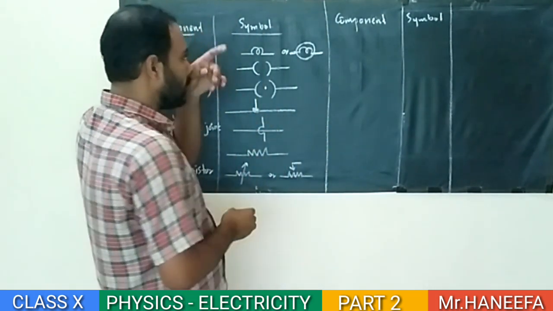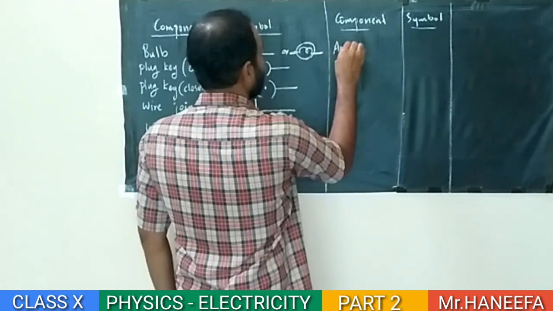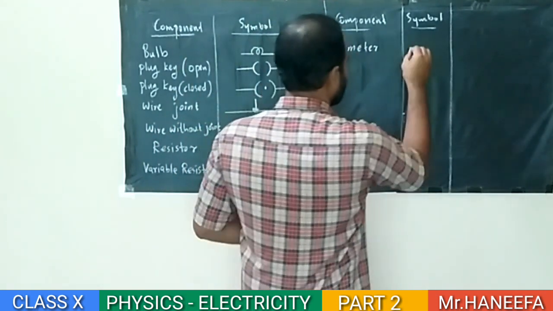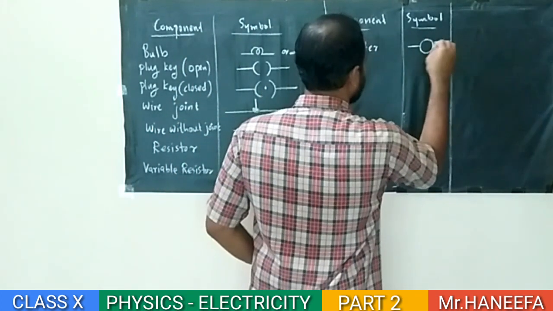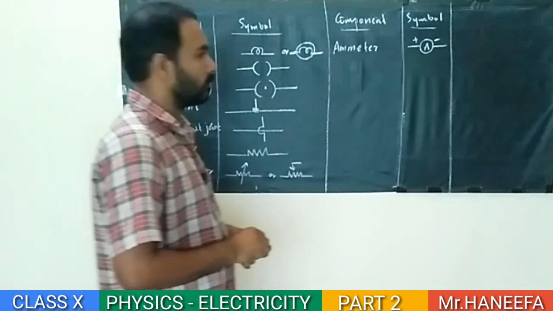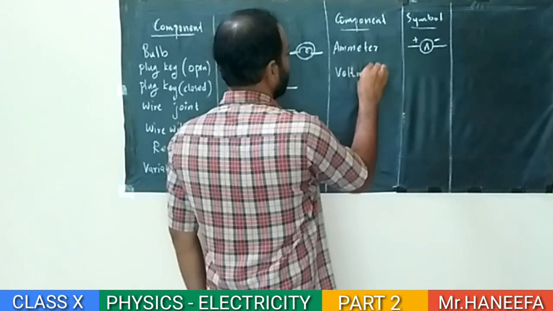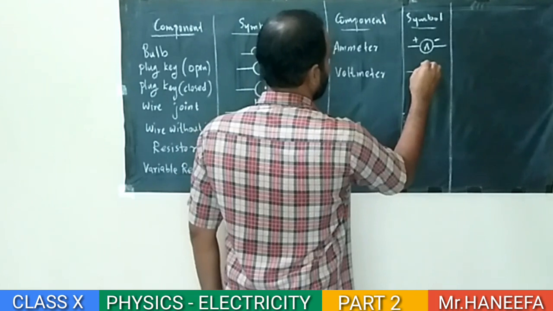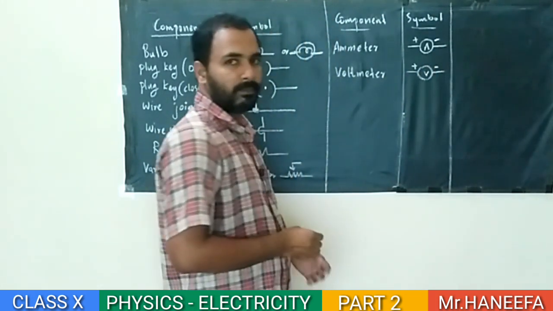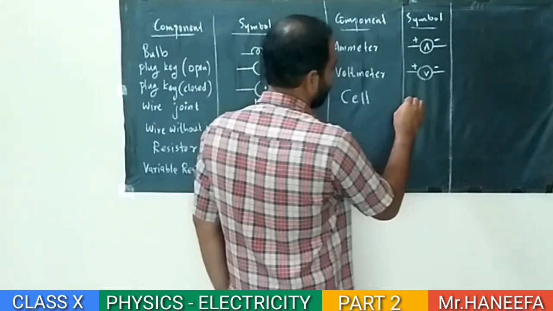Okay. Next component is ammeter. Next, voltmeter. Next one is cell.